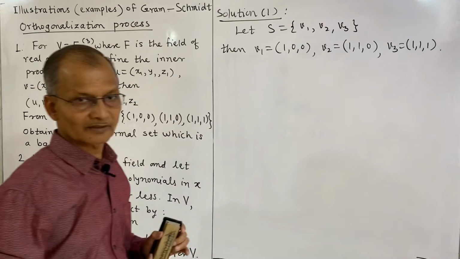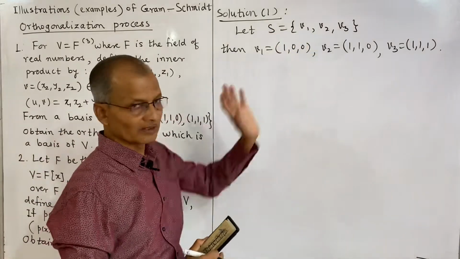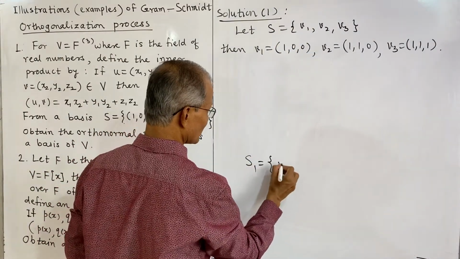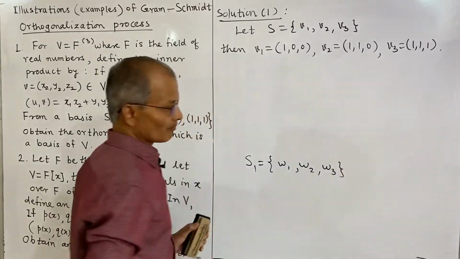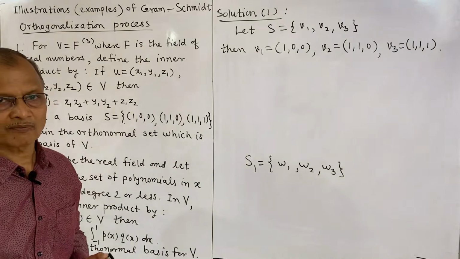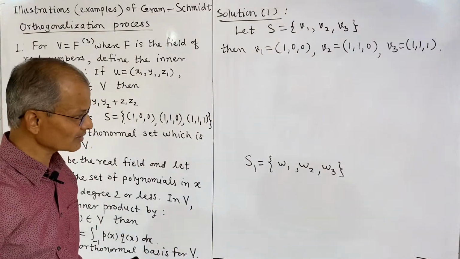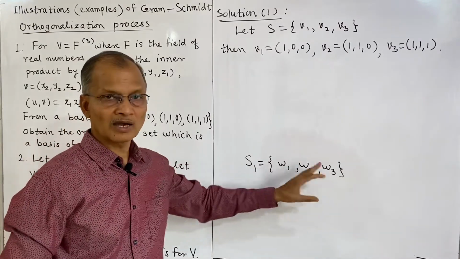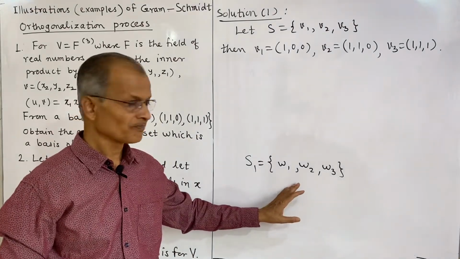These are the vectors, and from these vectors V1, V2, V3 we have to obtain another basis, which may be denoted by S1 as W1, W2, W3. A basis contains the same number of vectors, and therefore, this must also contain 3 vectors, but here these W1, W2, W3 are orthonormal, or this S1 is an orthonormal set.